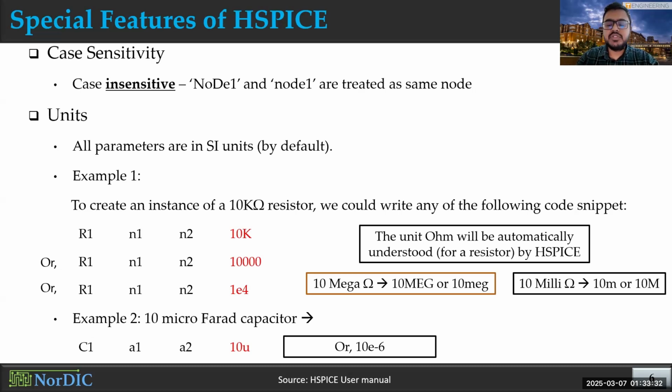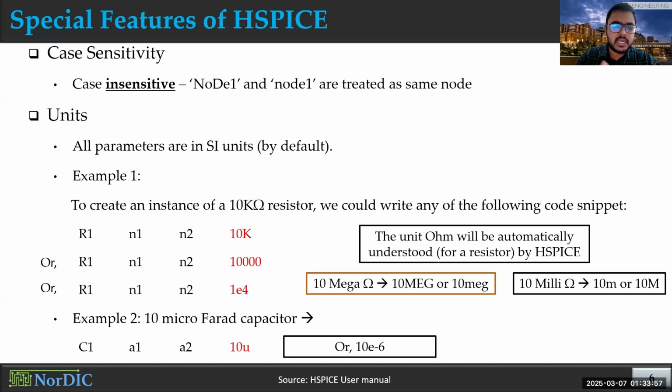And then about the inputs, HSPICE will by default consider SI units for the parameters and for the components that you define. For example, if you define a resistor with a 10 kilo ohm value, you just need to mention the value 10K or 10,000 or 1E4, something like that, and HSPICE will by default understand the unit of the resistor, which is ohm.